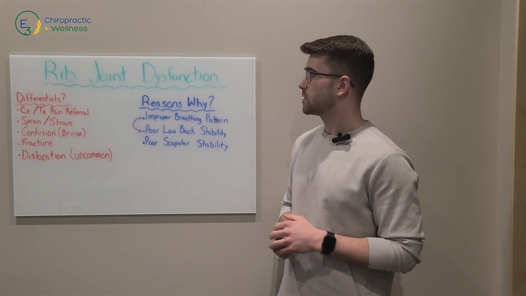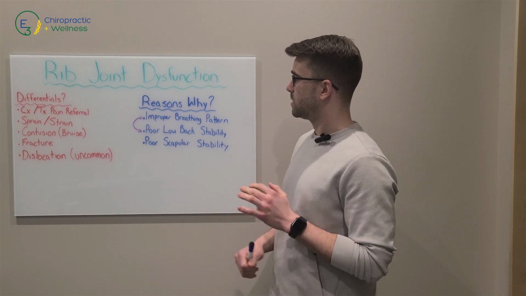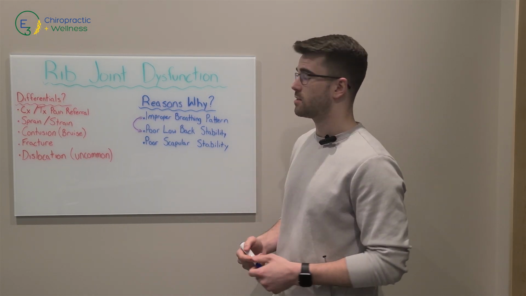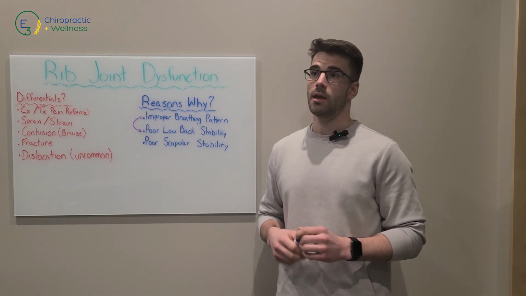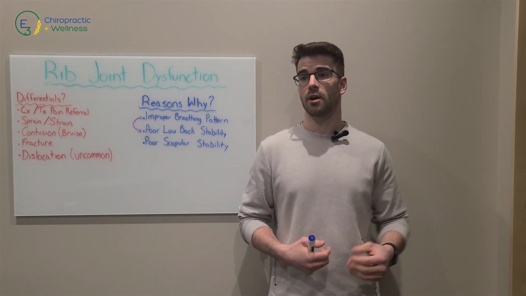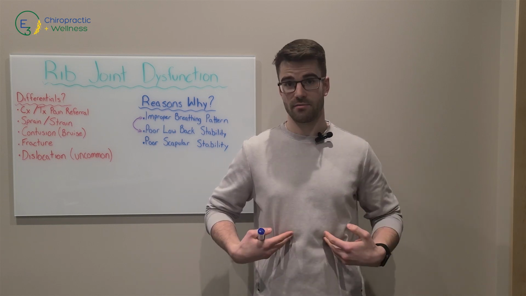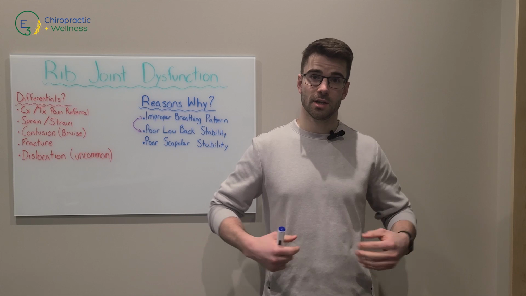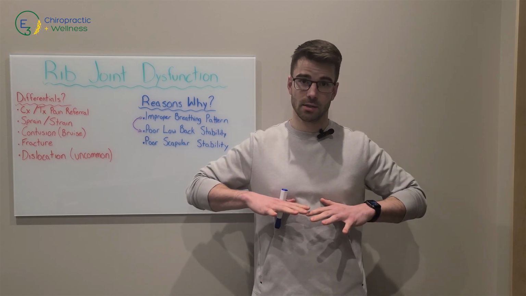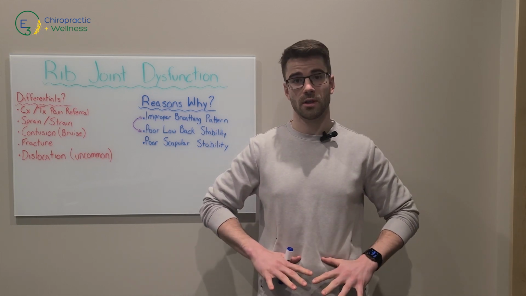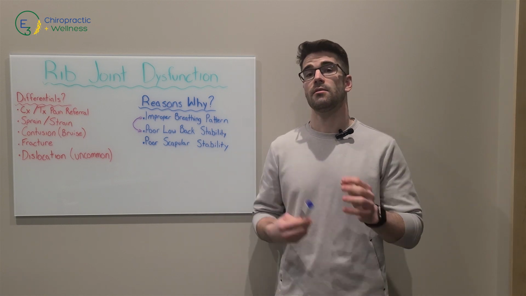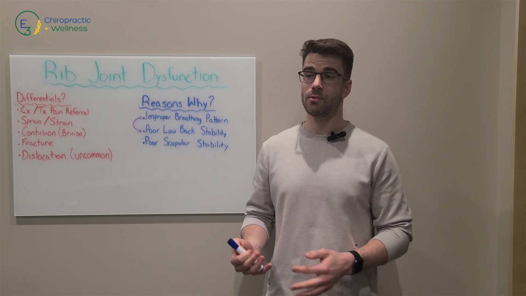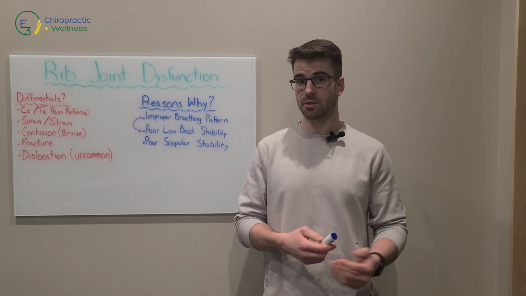Now we start to talk about why this rib joint dysfunction might be happening in the first place. Three of the big reasons we talk about here in clinic: we first address an improper breathing pattern. This stems from our primary respiratory muscle, the diaphragm. Our diaphragm connects to the bottom of the rib cage, and as we take a breath in, it expands and pushes downward into our abdomen. If we're not breathing diaphragmatically, we start to recruit our secondary respiratory muscles.